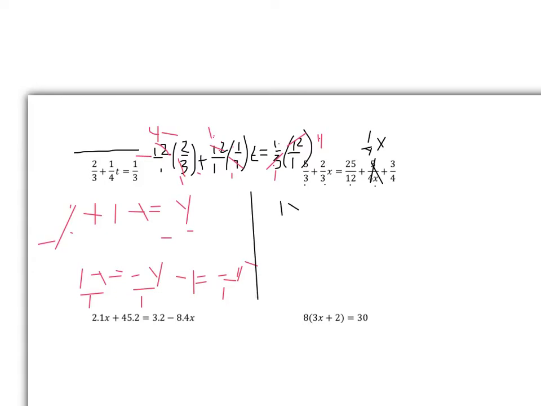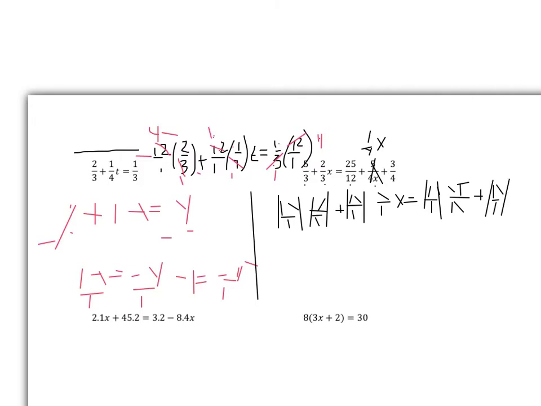So 12 over 1 times 5/3 plus 12 over 1 times 2/3 x equals 12 over 1 times 25/12 plus 12 over 1 times 5/4 x, and then I guess I'll have to do this last one up here.